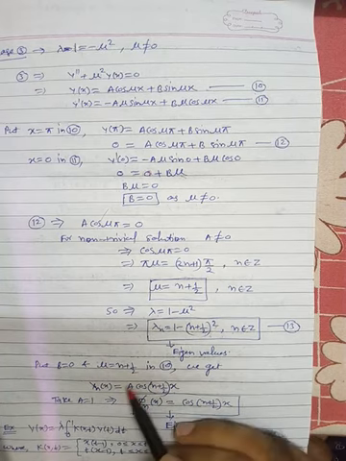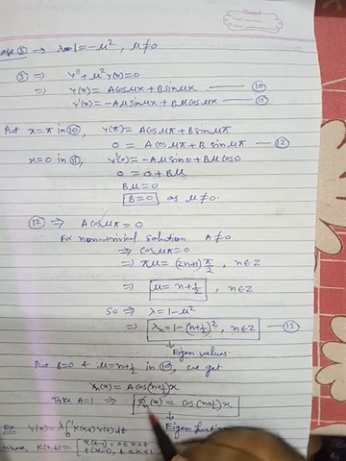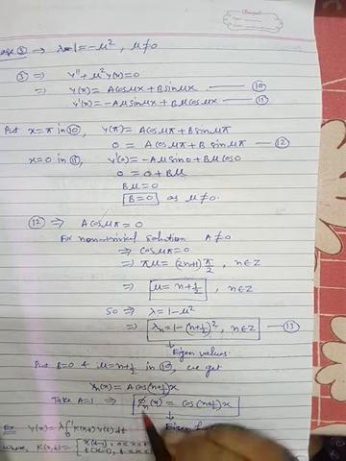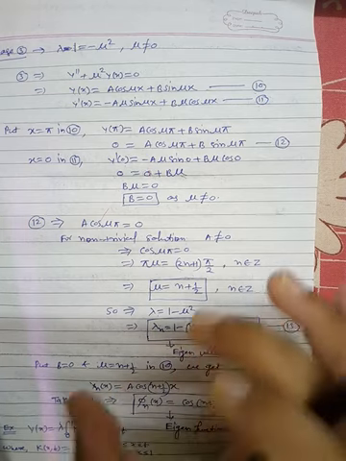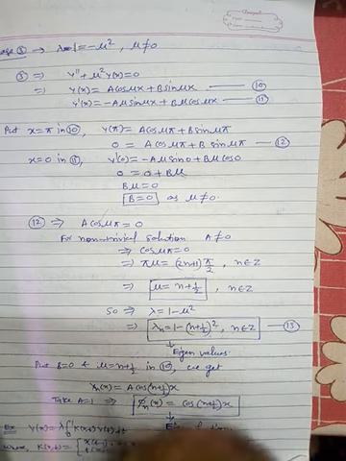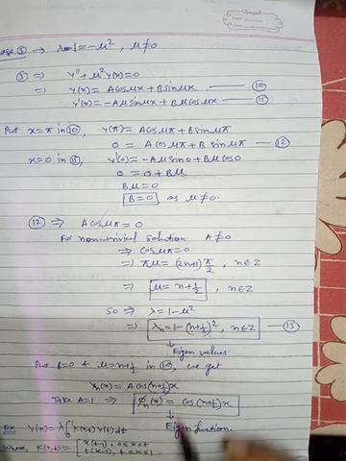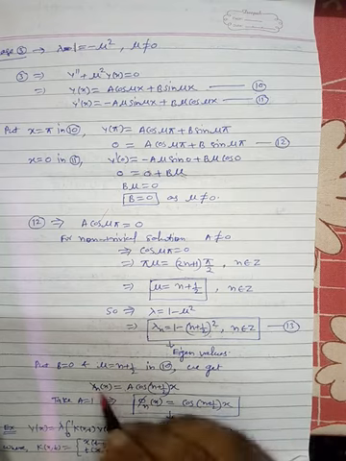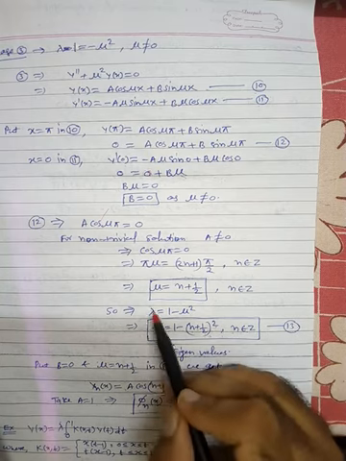Since a is an arbitrary constant, suppose a is 1. Whatever you get is denoted by phi n(x). In place of y n(x), we are using phi n(x), because after putting a equal to 1 we are getting a specific solution. So we get cos (n plus half) x, and this is actually the eigenfunction. Generally the eigenfunction is denoted by phi rather than y, and eigenvalues are denoted by lambda n rather than lambda.